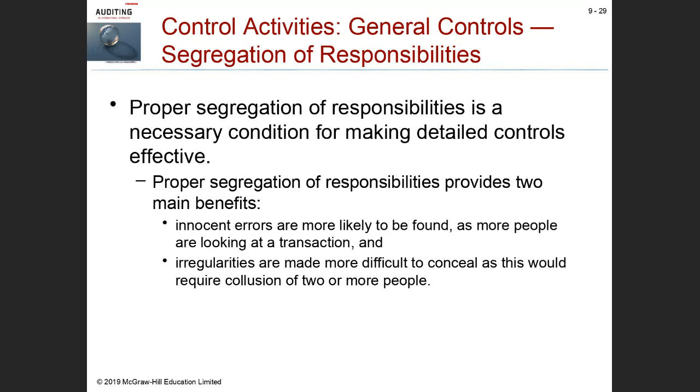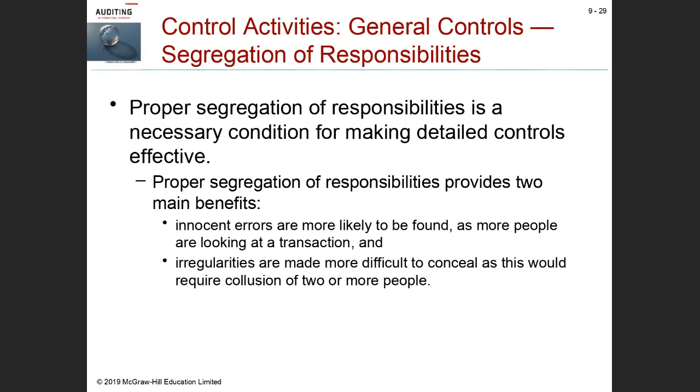They try and keep their overhead low. On the other hand, for large public companies, capital is more readily available. So they tend to have better systems of internal control, more people involved, and they can have a better segregation of duties. So in large public companies, normally auditors are able to rely on proper segregation of duties as a key control. But in a private company, normally auditors could not do that.